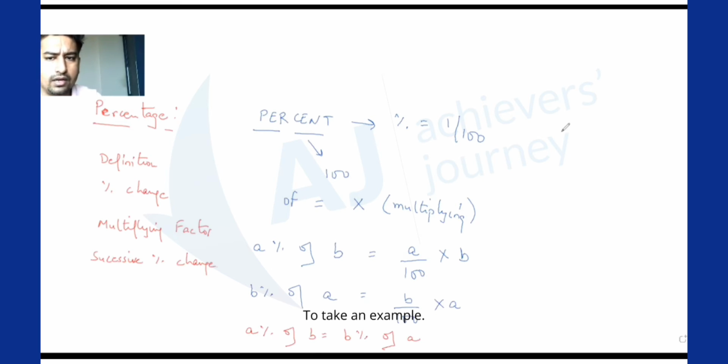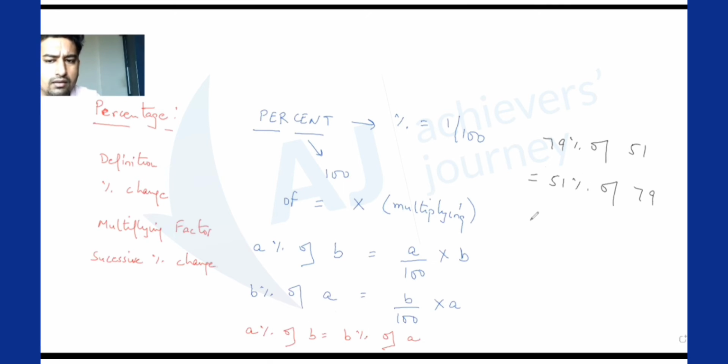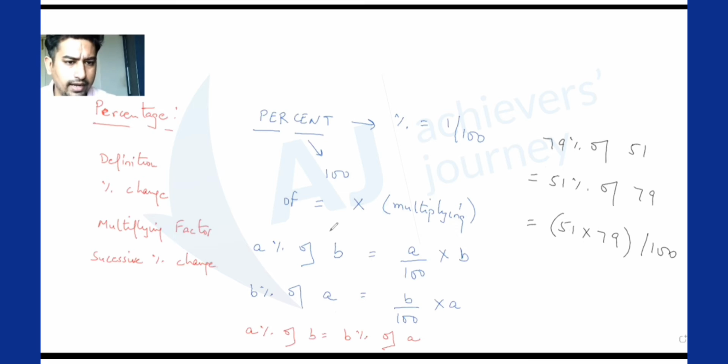To take an example, if I take some ugly values, 79% of 51 would be equal to 51% of 79, both equaling 51 into 79 by 100, right? So irrespective of the values of A or B, A percent of B will always be equal to B percent of A, right?